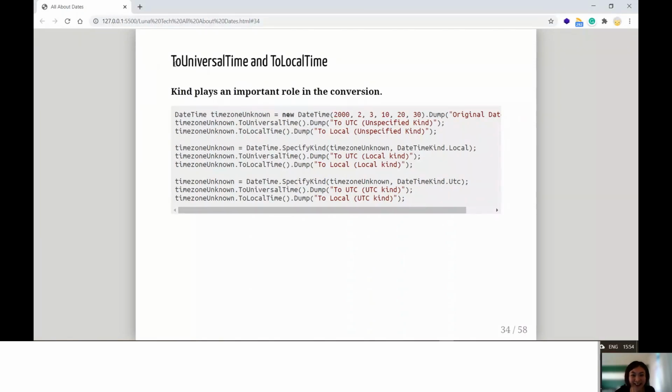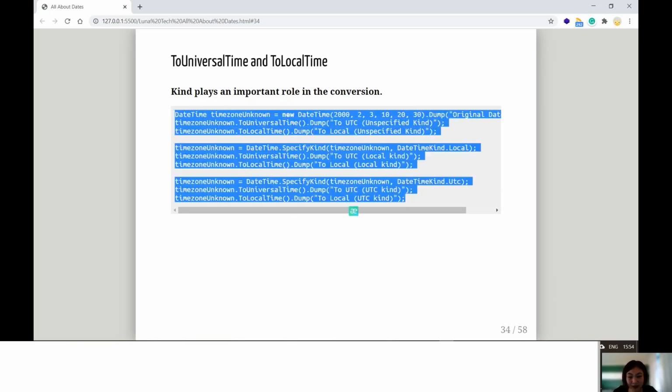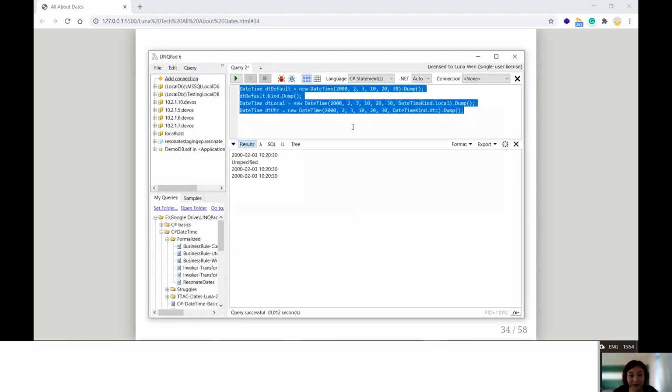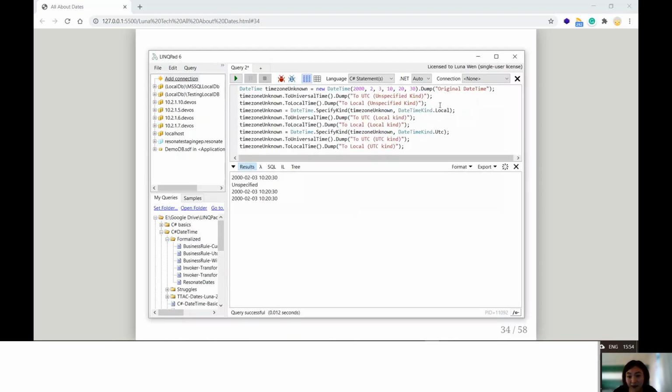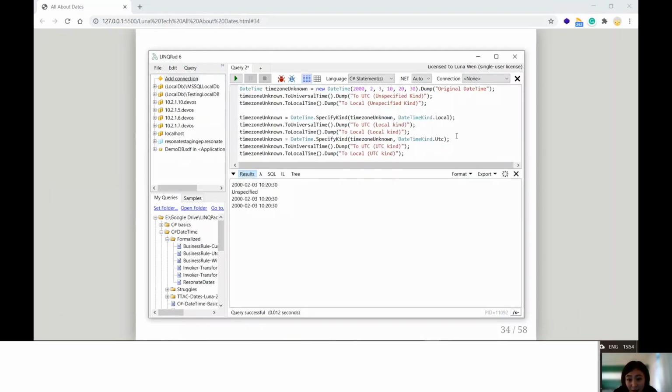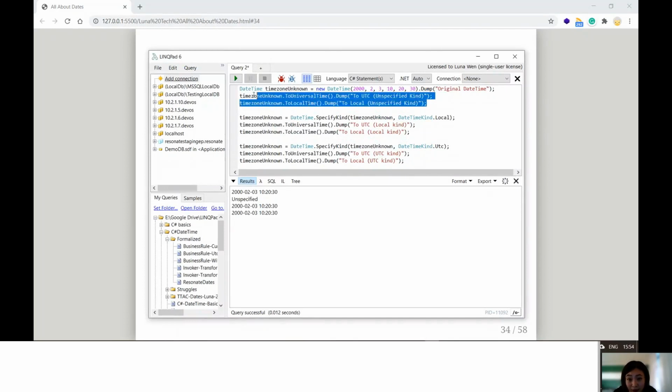Okay, then we have these 2 methods, ToUniversalTime and ToLocalTime. Depending on your kind, they can act very weirdly. I can't remember what I did, so maybe we can just try to run it. Do you remember that when I do this, it's actually an unspecified kind, because I didn't say what it is?